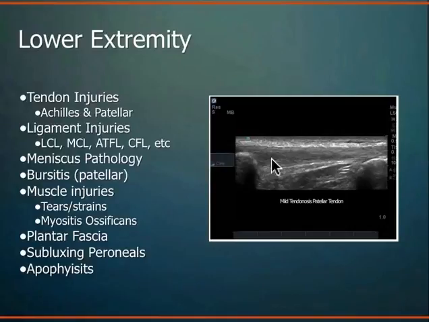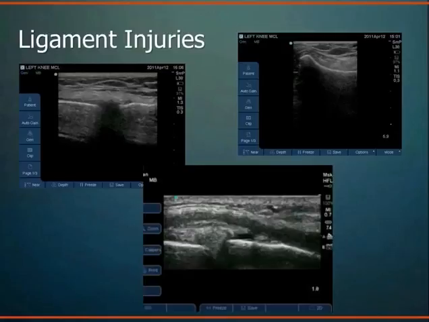But you can see it for meniscus, and then around the ankle you can visualize those peroneal groups, ATFL, the anterior talofibular ligament, all the common ligamentous structures that you see in your common ankle sprains. All these bursal sacs tend to be very superficial. You can image those quite well. And again, those muscle tears, muscle strains, full ruptures, hamstring tears, a very, very common injury in sports. You can see that quite well on ultrasound.